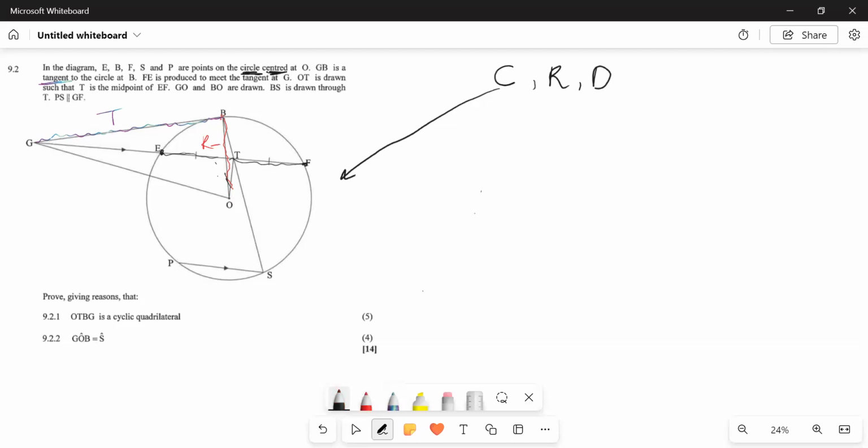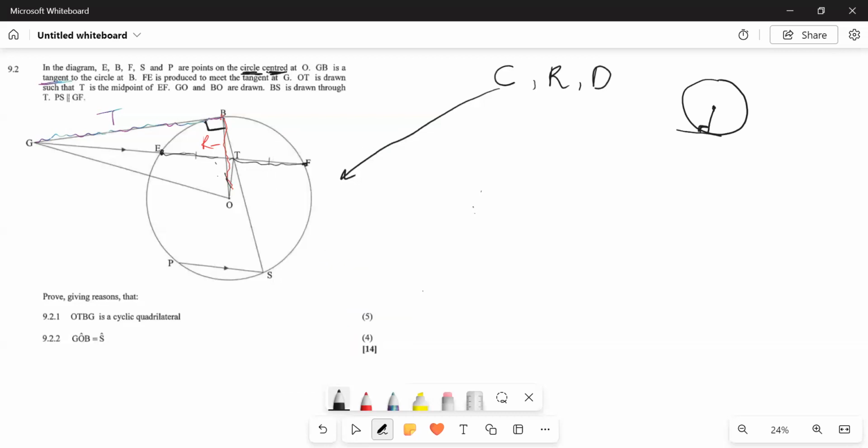So meaning that the angle there is equal to 90 degrees. A tangent is always perpendicular to a radius, right? I hope we are all following, guys.